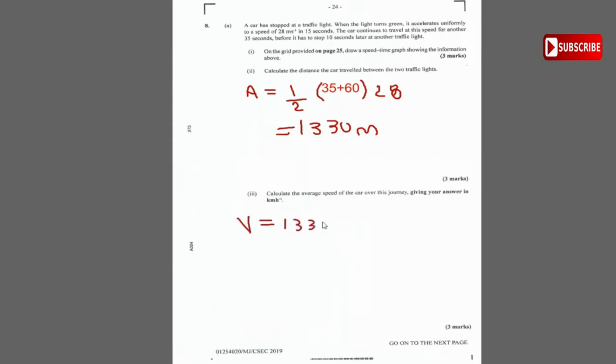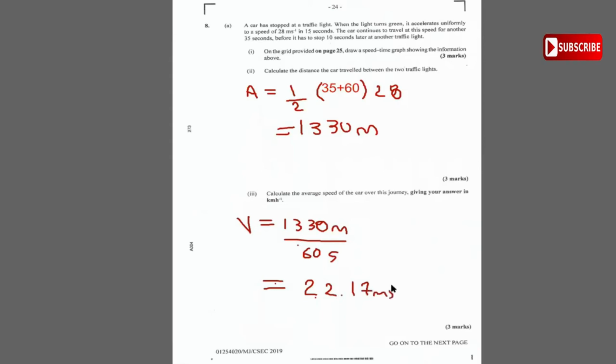This is 1,330 meters divided by the total time in seconds, which is 60. 1,330 divided by 60 works out to be 22.17 meters per second.